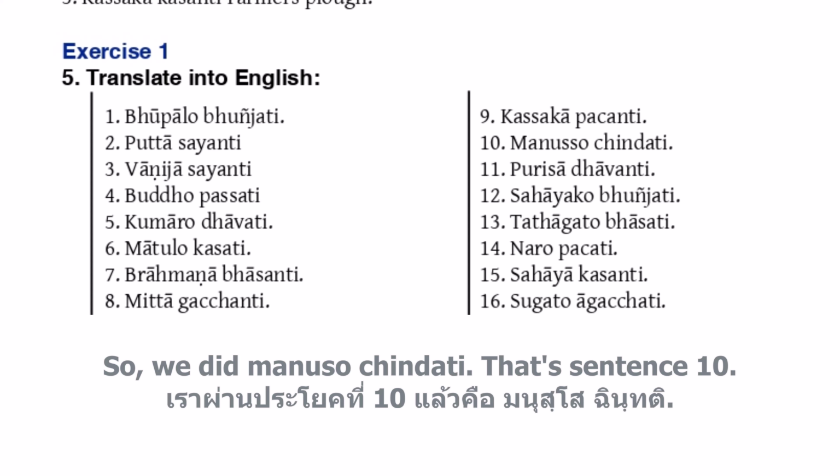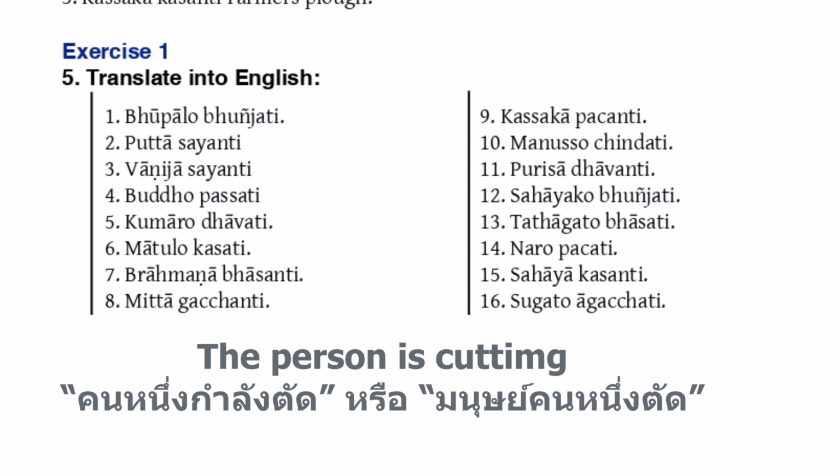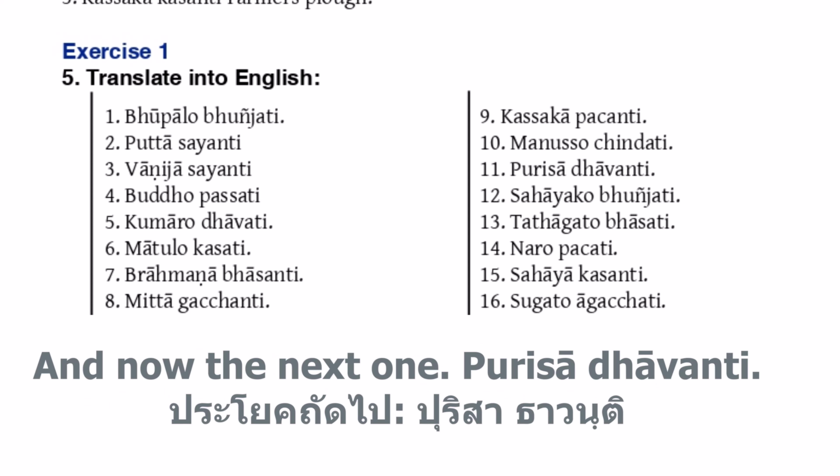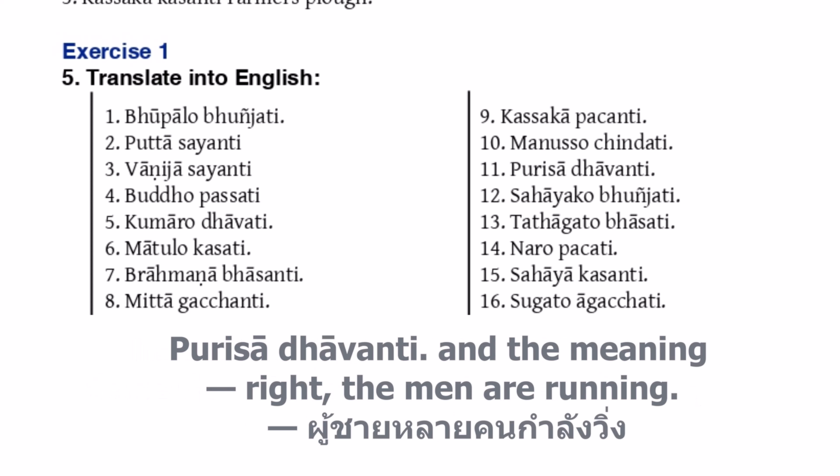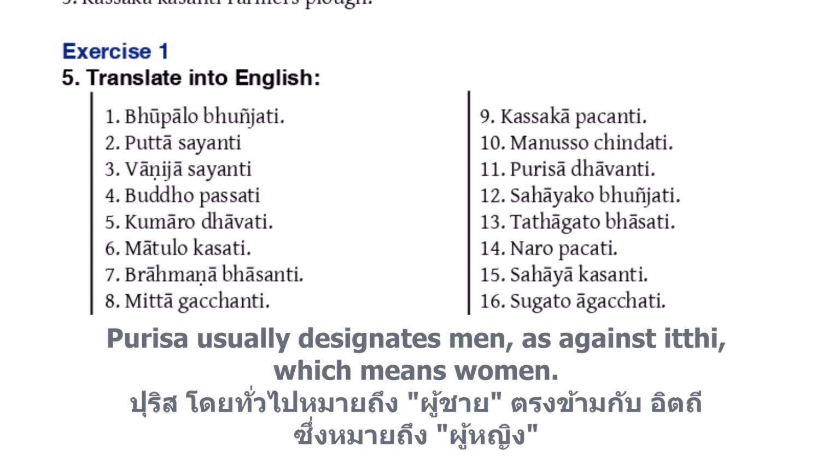So the person is cutting. And now the next one, Purisa dhavanti. Notice the dh sound. It's dhavanti. Purisa dhavanti. And the meaning? Right. The men are running. Purisa usually designates men as against itthi, which means women.